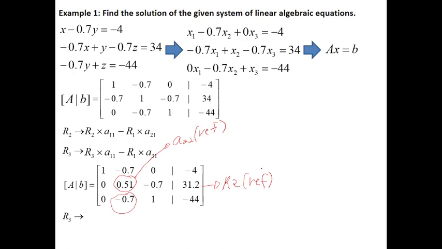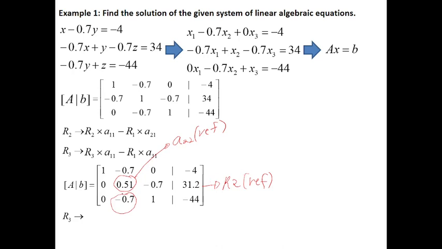Kanina, yung row 1 reference. Tignan nyo yung mga values na retain: 1, 1. Negative 0.7, negative 0.7. 0, 0. Negative 4, negative 4. Kasi reference natin kanina ay row 1. Dito naman, row 2 ang ating reference.